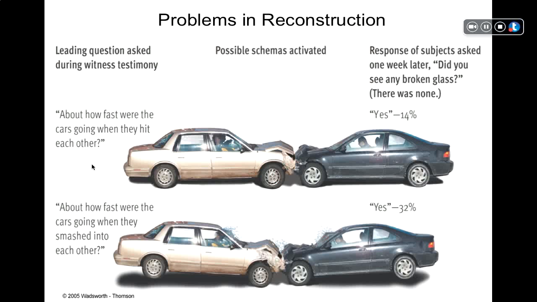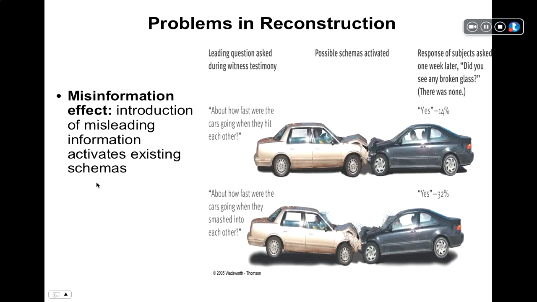They have to be paying attention to every single word, because an attorney can ask a leading question, hit, smashed, and expect to see some change in the eyewitness's story. This is why eyewitness testimony is powerful, but it's limited given what we know about memory and its accuracy. What we are witnessing in this study is what's called the misinformation effect. That's the introduction of misleading information that activates those existing schemas. So this is an example of the misinformation effect.